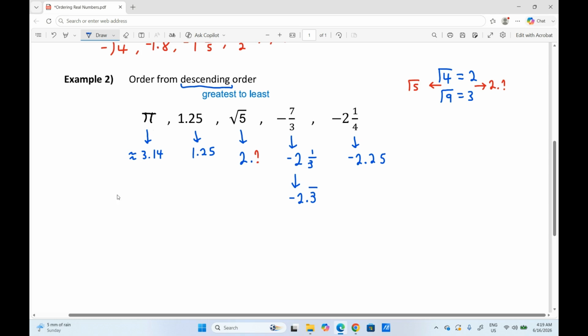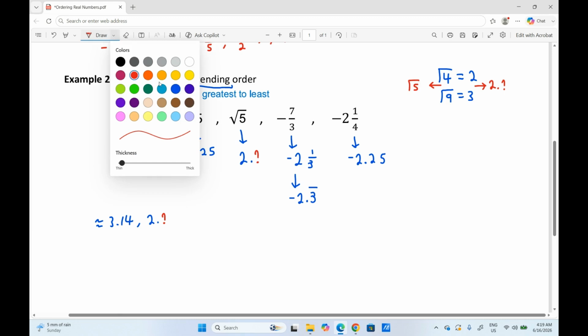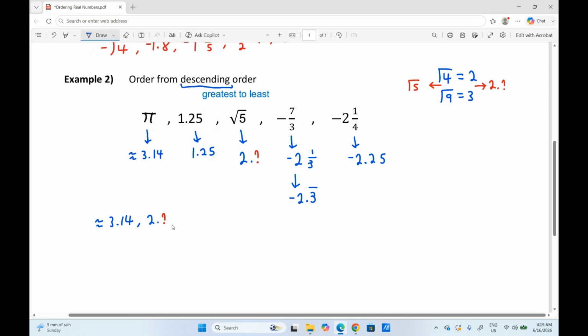Now we're going to order from greatest to least. My greatest number so far is pi, which is approximately equal to 3.14. The second largest number would be the square root of 5, which is 2 point question mark right now.